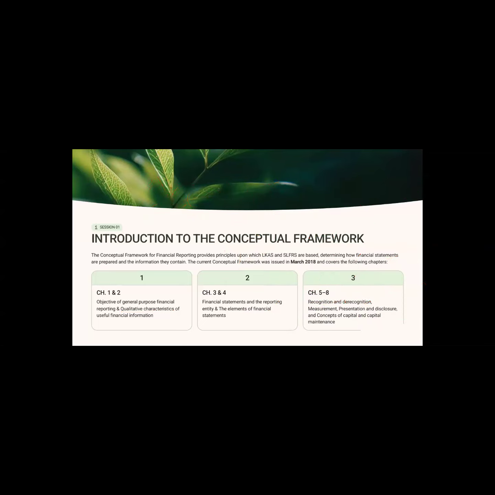You are revaluing the land and just recording the actual market price, the current price of the asset. Likewise, the measurement methods also come under this conceptual framework. Okay, so this is the basic idea of what this conceptual framework is.